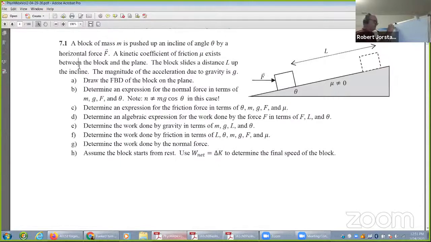We've got a block. A force is applied horizontally. We're going to move some distance here.